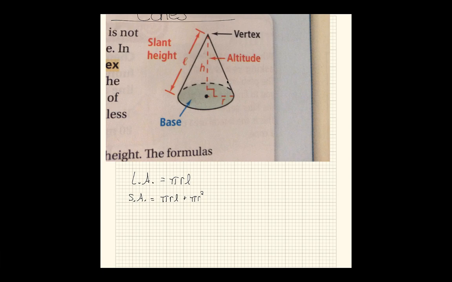And that is going to give me the surface area of this cone. All right, pi r L plus pi r squared. Pi r L takes care of all of the part around the outside, and then pi r squared takes care of the base part here.